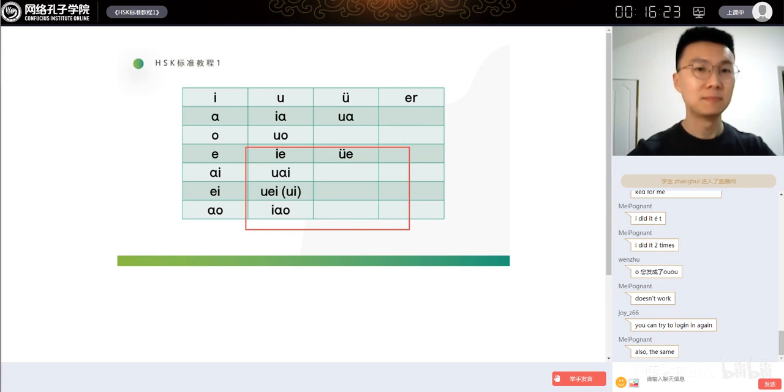Ya, wa, wo, ye, yue. In these 5, the second sound is louder and longer than the first one.